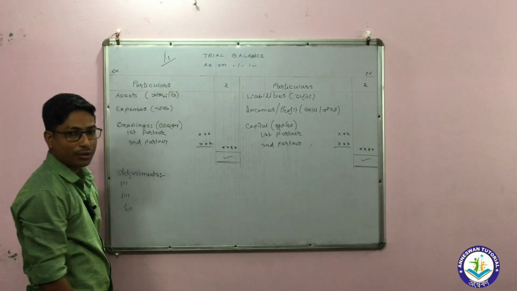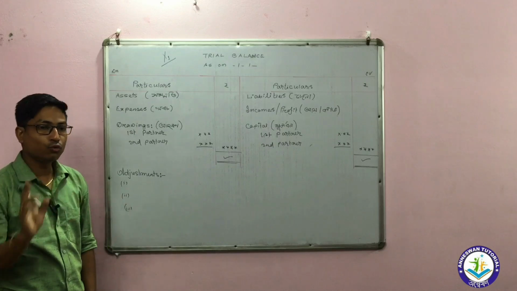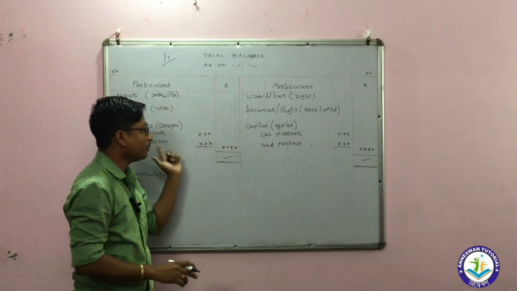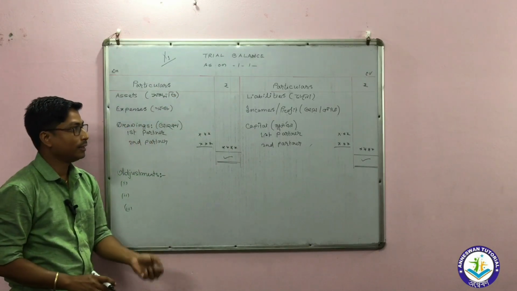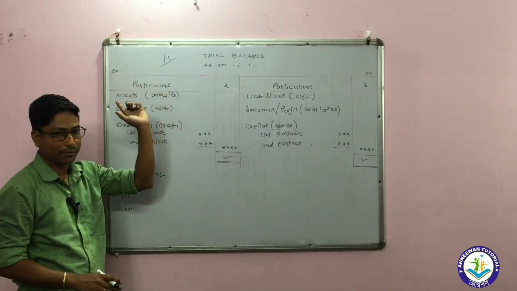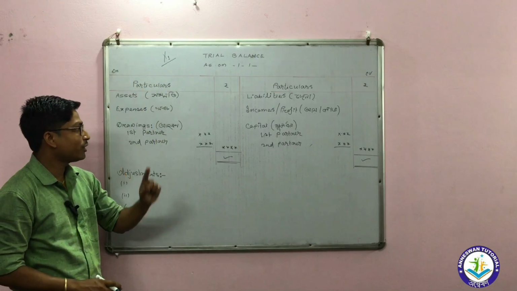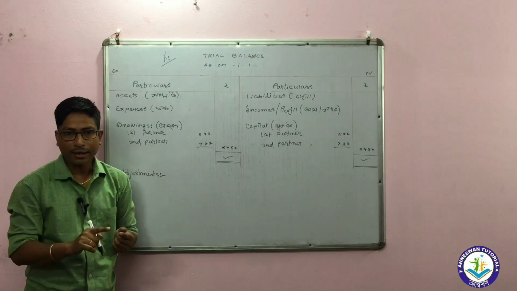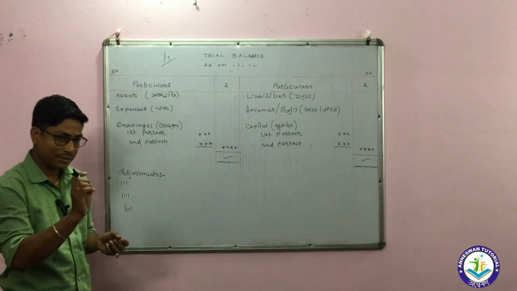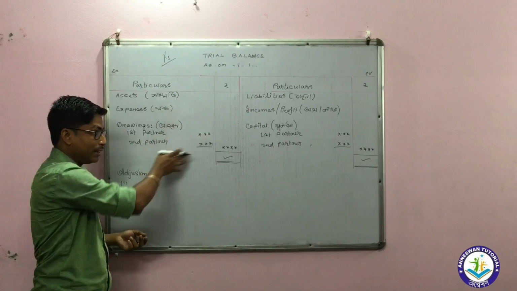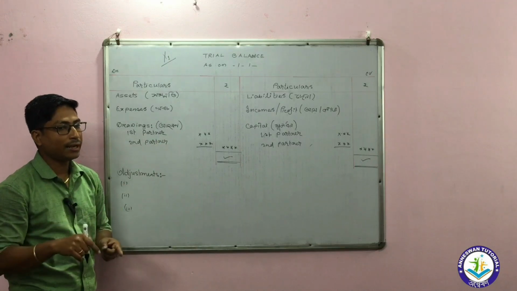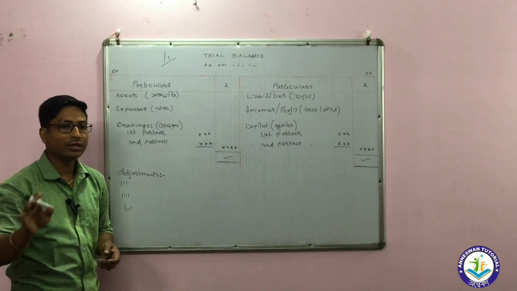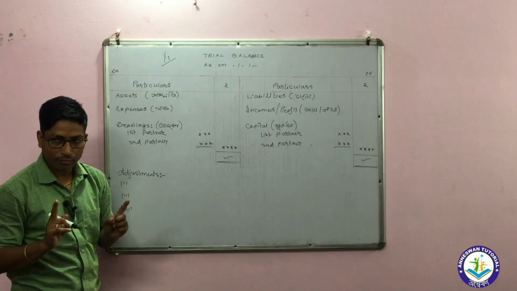It means that among the three statements we will prepare, you can use these items only once. If a single item is already used to prepare, say, the profit and loss account, taking from here, you cannot use that item to prepare the appropriation account or the balance sheet. Do you follow my point?